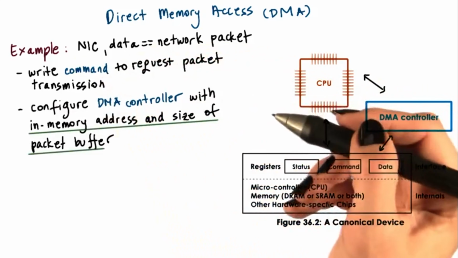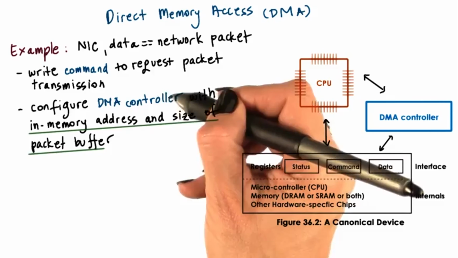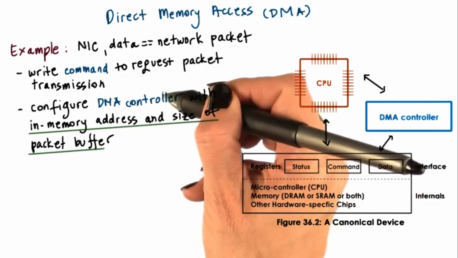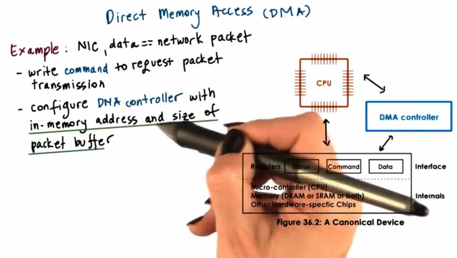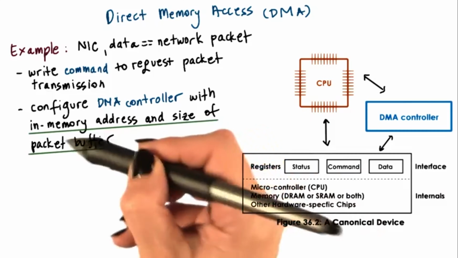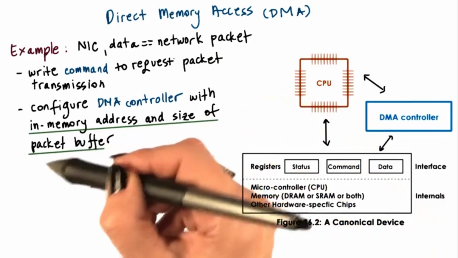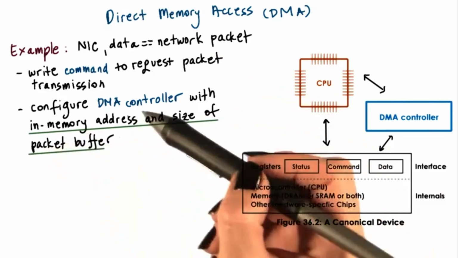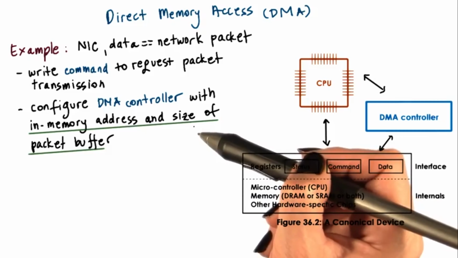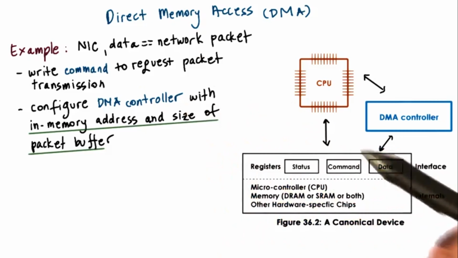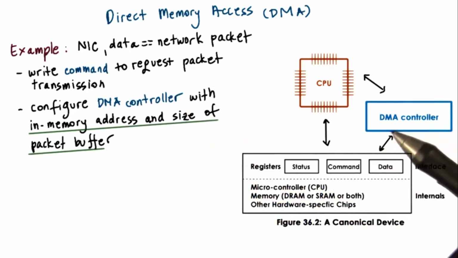This, however, needs to be accompanied with an operation that configures the DMA controller with the in-memory address and size of the buffer that's holding this packet that we want transmitted. So that's basically the location of the data we need to move and the total amount of data to be moved. Once this is done, the device can perform the desired operation.